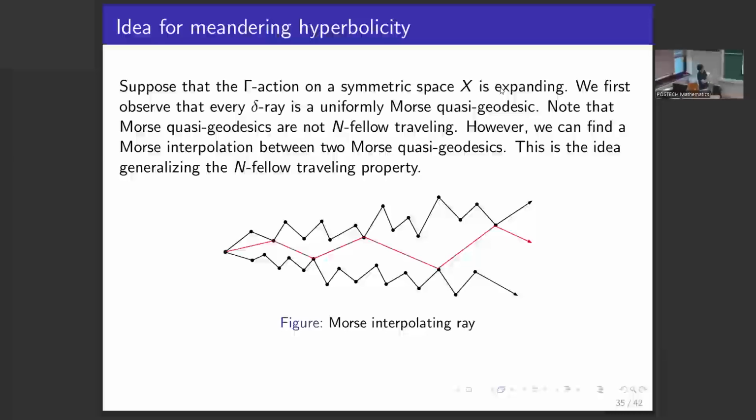But this is a geodesic ray in the higher rank symmetric space. Then you can find the red thing, which is also a quasi-geodesic ray. By interpolating these two rays via the red thing, we can see that the parallel traveling property can be replaced with some weakened condition.